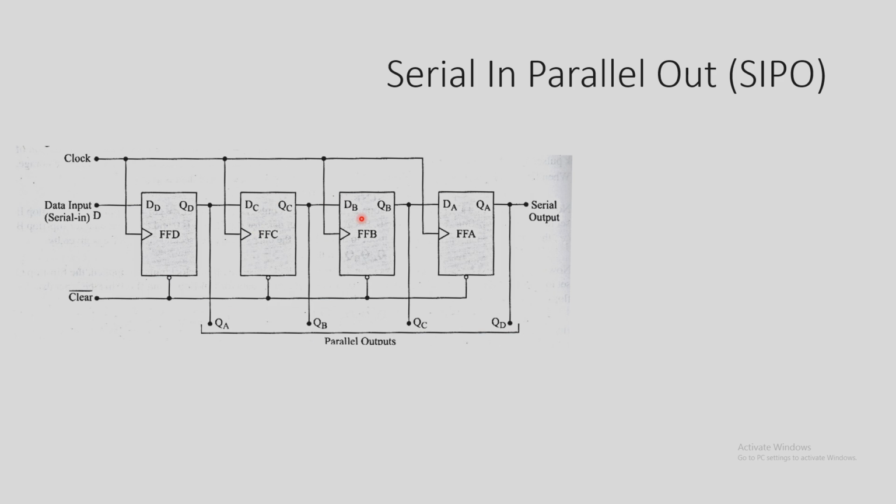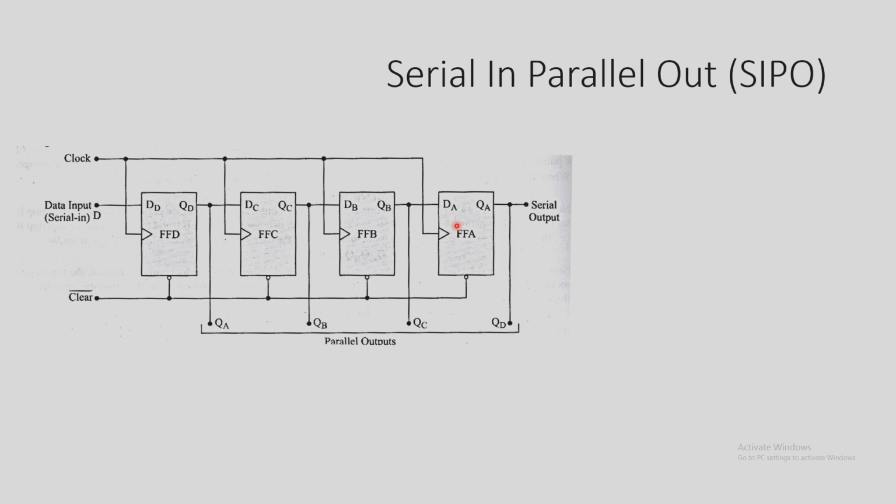At the next edge, this data will be shifted to flip-flop B, this data to flip-flop C, and new data will be shifted to flip-flop D. So now at the third edge we have 3 flip-flops ready with input, but it is not complete because we have to feed 4-bit information.